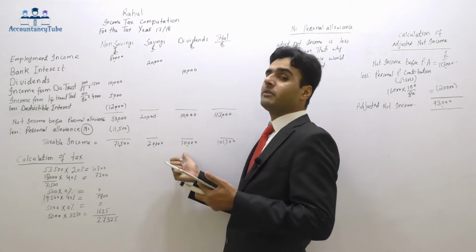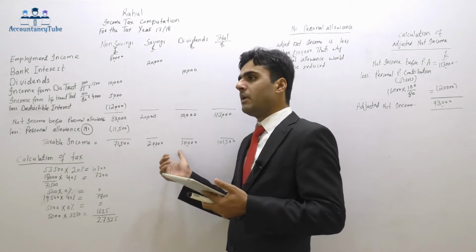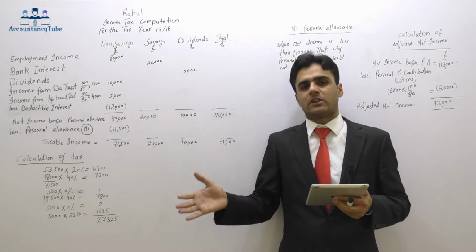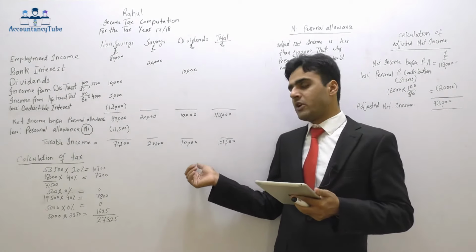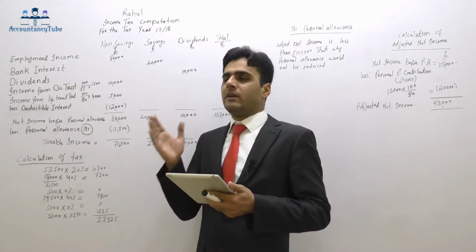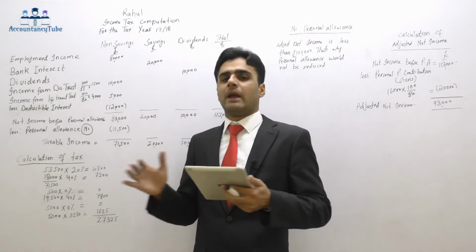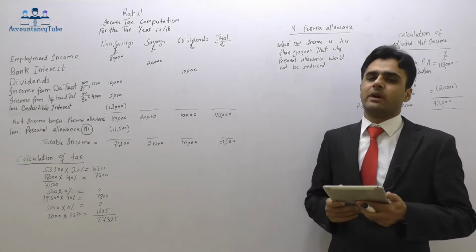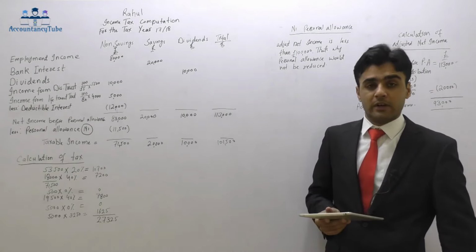So the remaining bit is dividend income. Dividend income doesn't matter regardless of the tax paying band, whichever band your income falls in. The first 5,000 will be exempt, at the rate of 0%. Everyone is eligible for the nil rate band of 5,000 pounds in the dividend income.